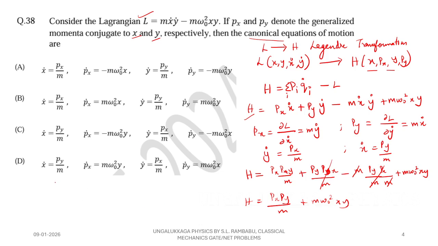We know x dot is equal to dou H by dou px.